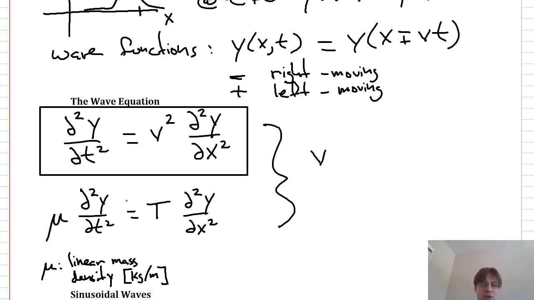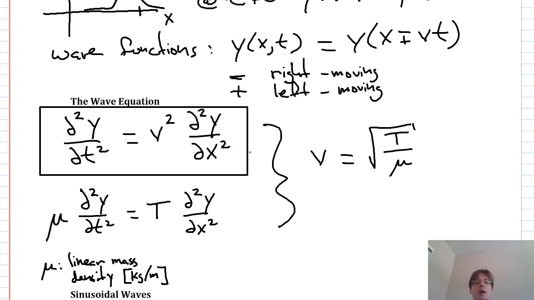If I rearrange it, v squared is equal to T over mu, so Newton's law lets you predict how fast the wave pulses move. You have to take the tension in the string, divide it by the mass density of the string, and take the square root. And now we can predict, given a wire under a certain tension and what its mass density is, how fast the waves will travel down it.